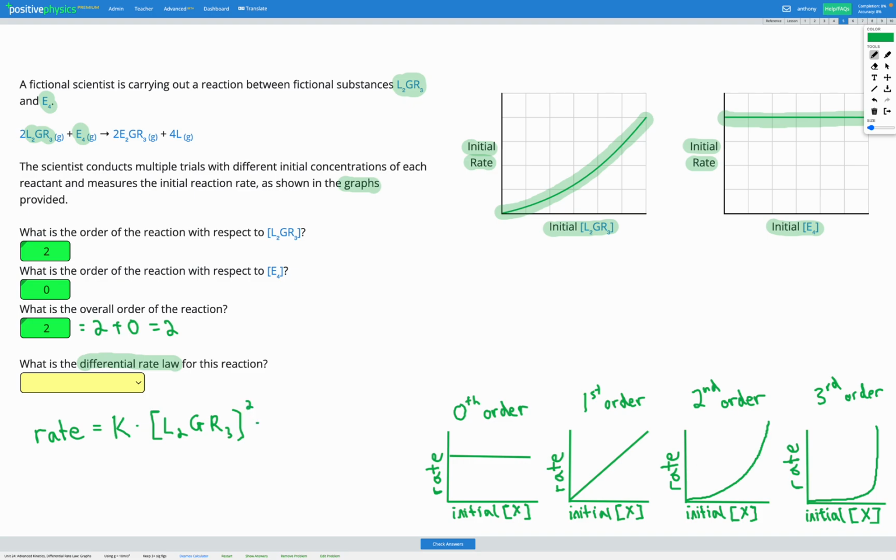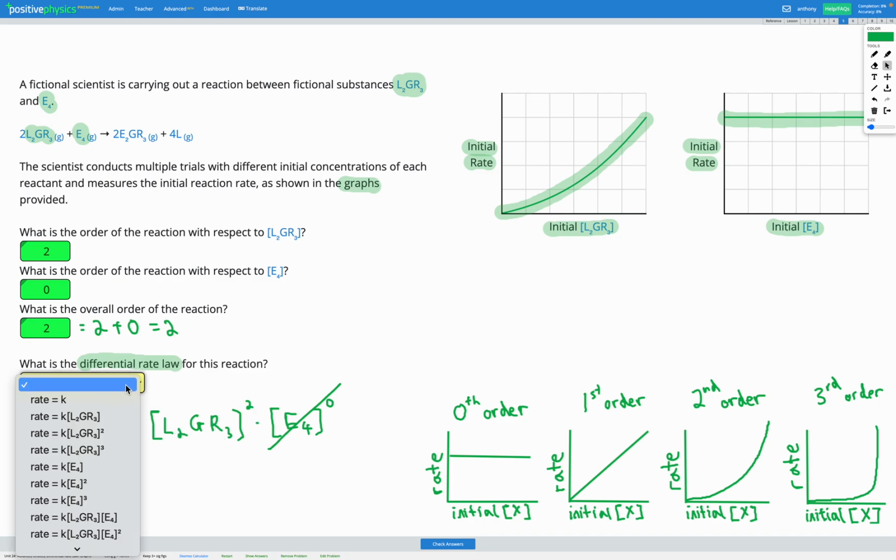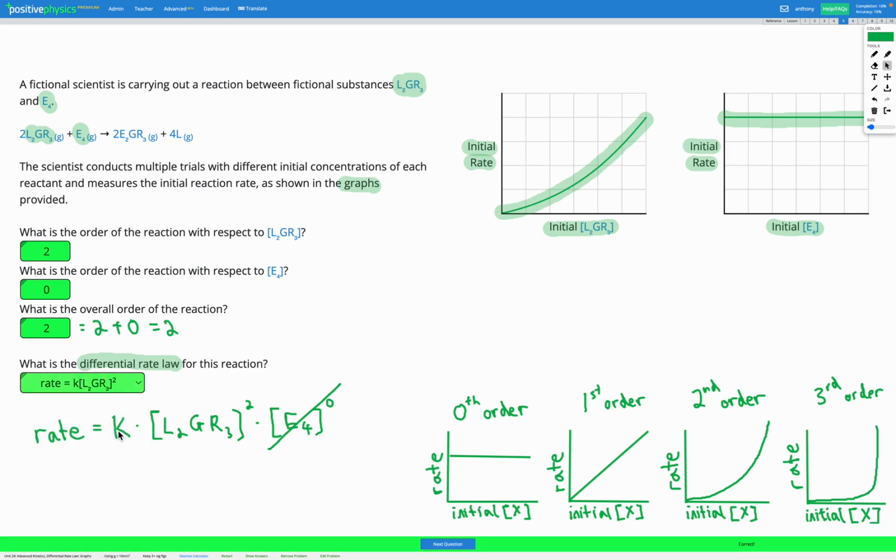Multiplied by the concentration of our other reactant, which is E4, to the power of its order, which is 0. And remember, anything to the power of 0 just cancels to give 1. So we can cancel out that, and we're left with our differential rate law equation, which is just the concentration of L2GR3 squared. So we can find that here. There's our answer for this question.